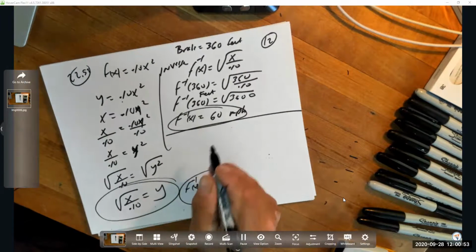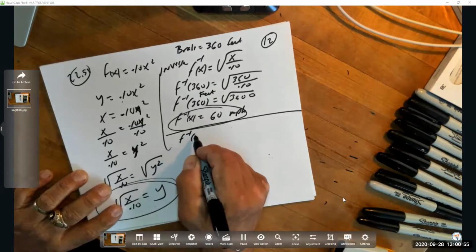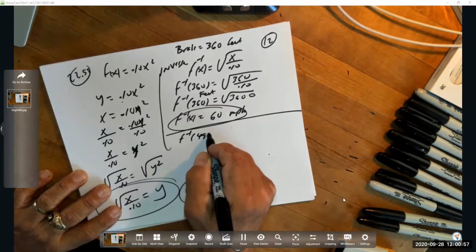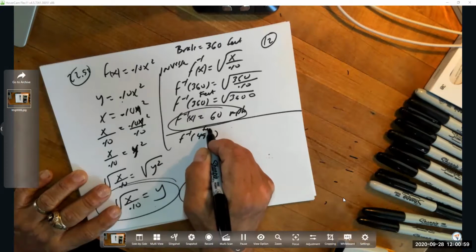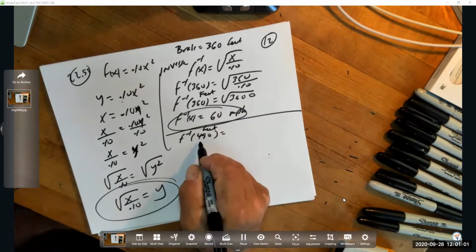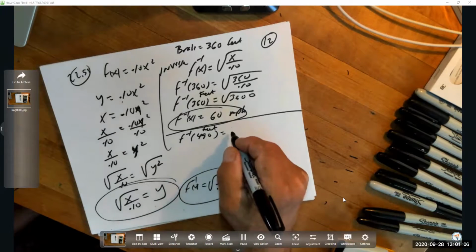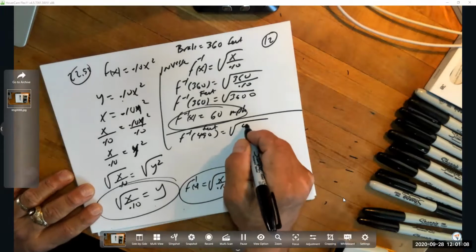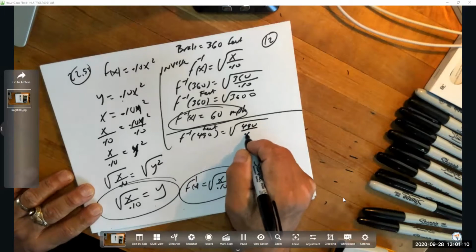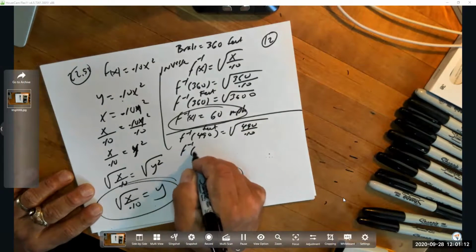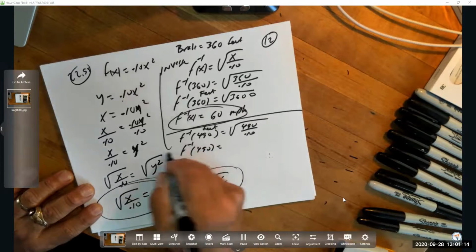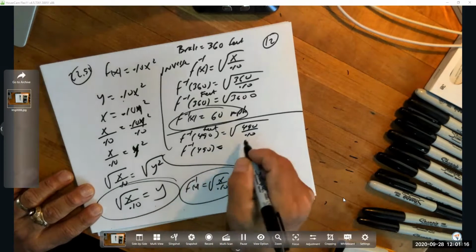Suppose you have F inverse of 490 feet. I'm gonna show you how it goes backwards. If all I see in the street is a big long set of brake marks, 490 feet of it, I can tell you what happened. So F inverse of 490 is 490 divided by 0.10.